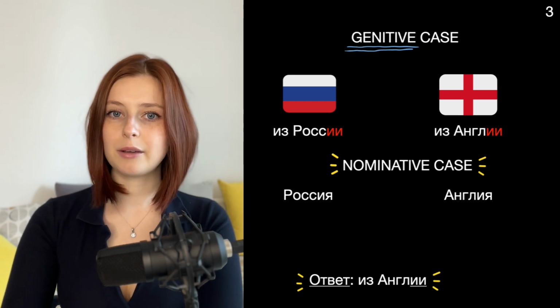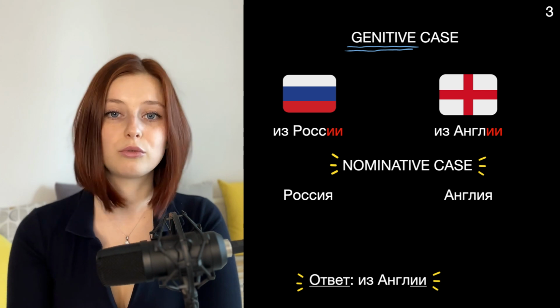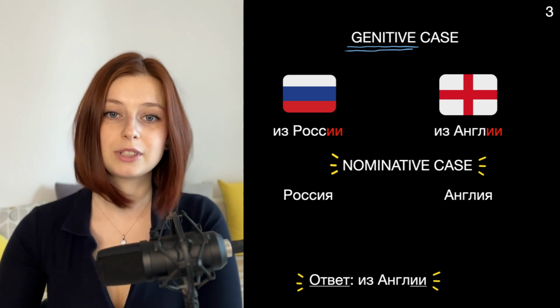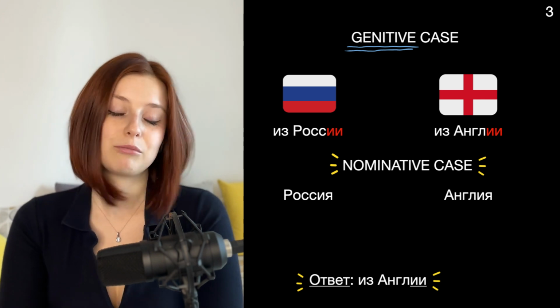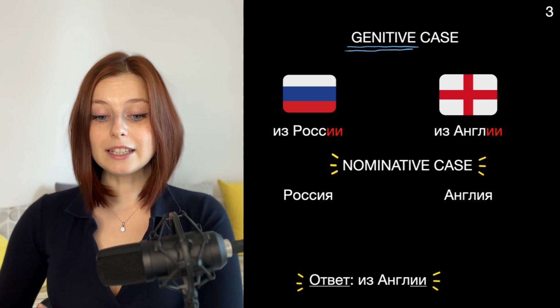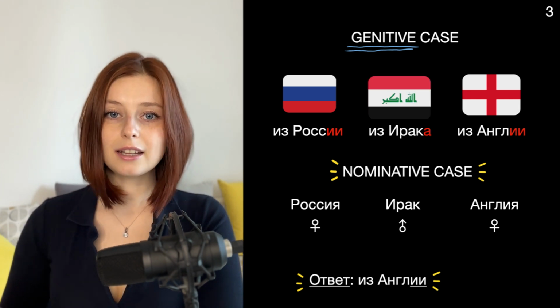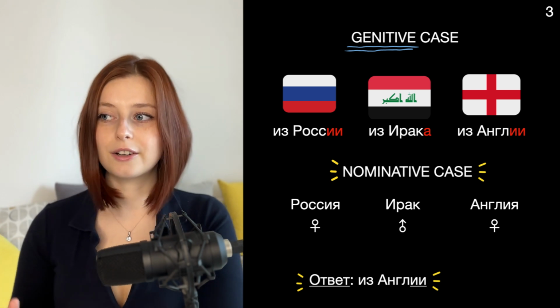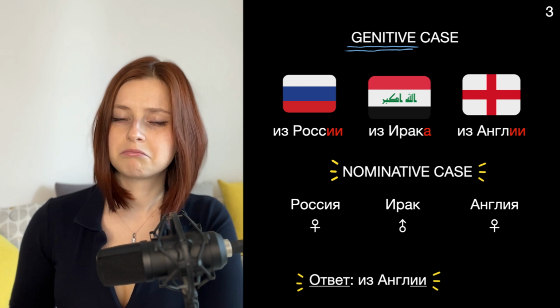Again, you see, the same thing happens. That's what cases do. They change endings of words for God knows what reason. But it is what it is, guys. But if our country was not feminine, since Англия and Россия are feminine nouns, what if it was Iraq?